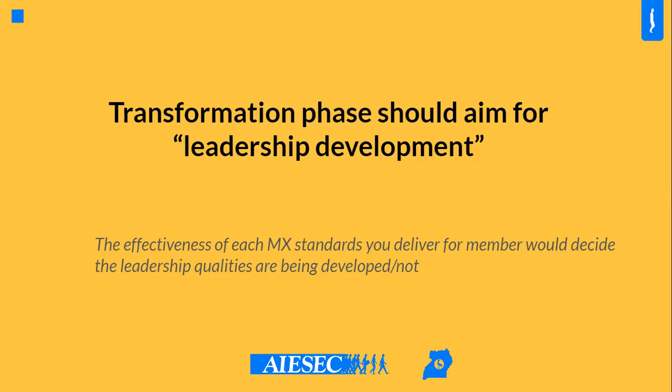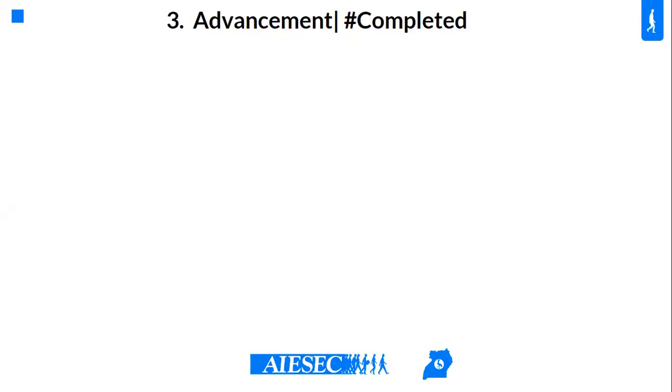So that's why we're using the Mxp funnel to track our transition from one level to another. And then we use the Mxp standards now during the transformation phase. So it starts a bit in the transition phase with the approval, but most of them are delivered during the transformation phase. And this will help us to define a better membership quality for all our members.